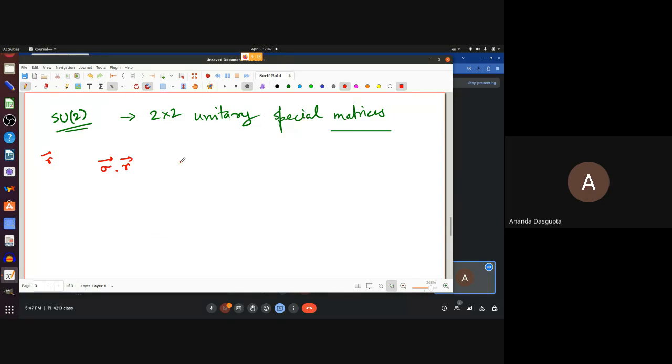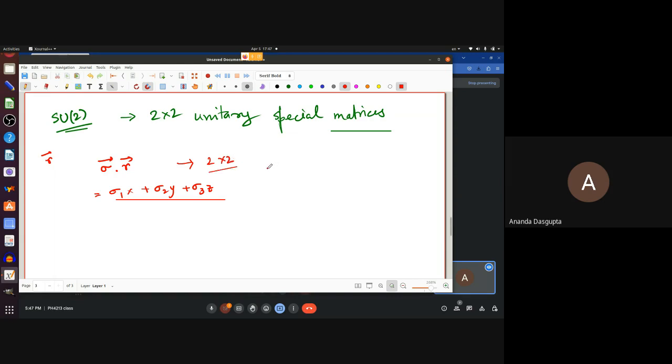But what kind of matrix? Size first. What's the size of the matrix? This should be sort of elementary to everybody. It's 2 by 2.